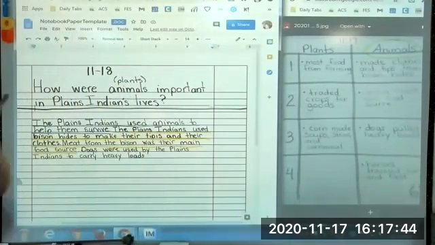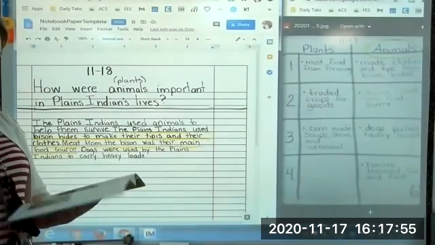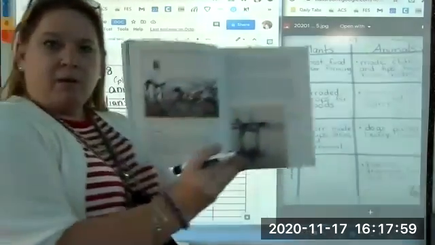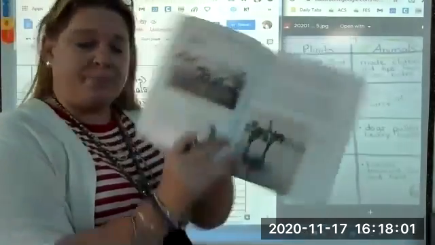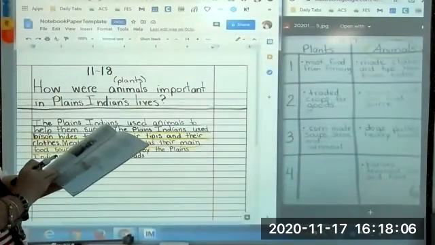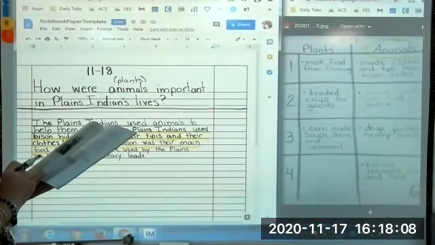Now I want to go a little bit further with my explanation here, because anybody just reading this is going to think to themselves, well, how could a dog carry a heavy load of stuff? So I want to tell them more about how. I want to tell them how they used a travois to carry things.